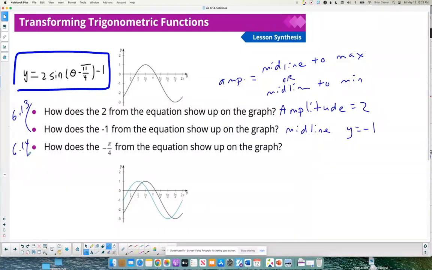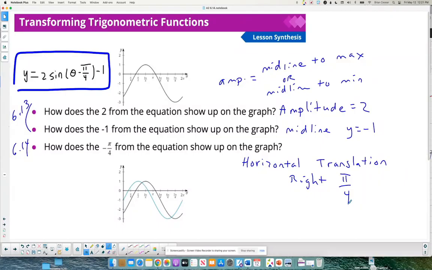How does the negative pi over 4? That's going to be a horizontal translation, right pi over 4. Okay, so you can kind of see from the graph what's happening.